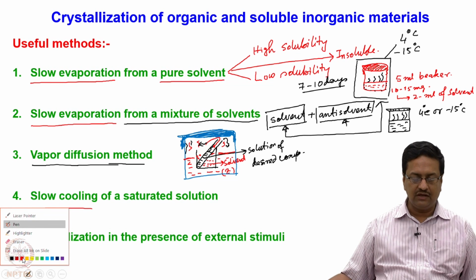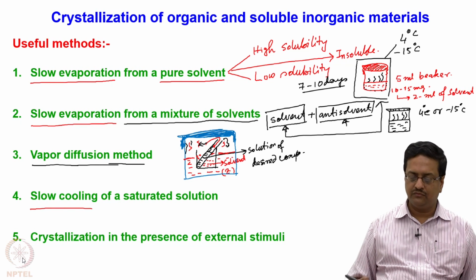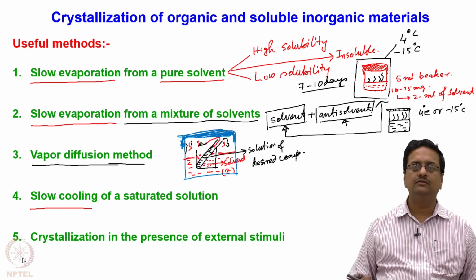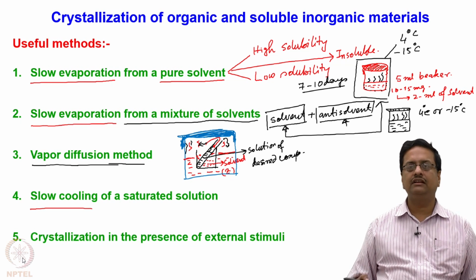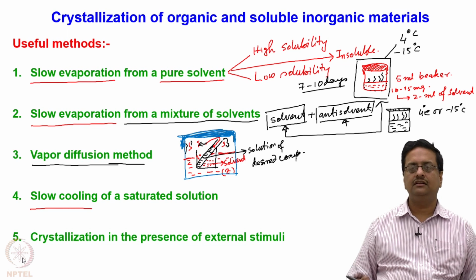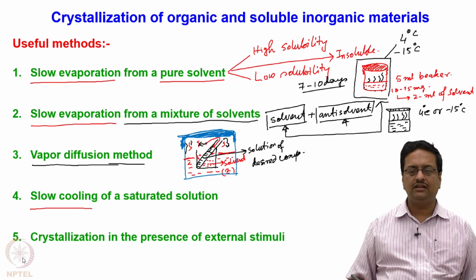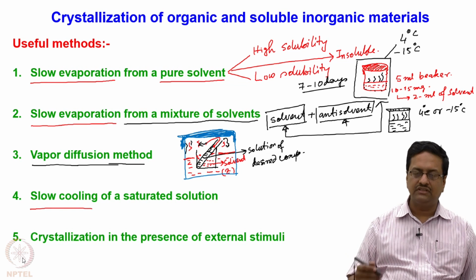In chemistry teaching laboratories, when we try to make some derivatives, we must have learned how to purify those derivatives by crystallization method. So, all of you might have done in your undergraduate courses where you have made some particular compound from a starting material and your teacher has asked you to crystallize from a solution.